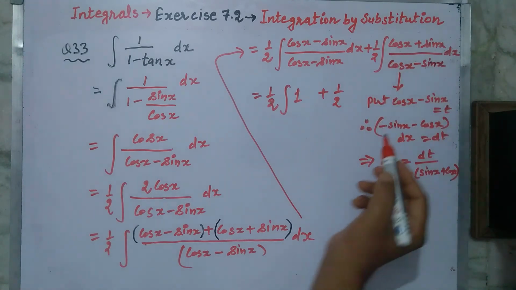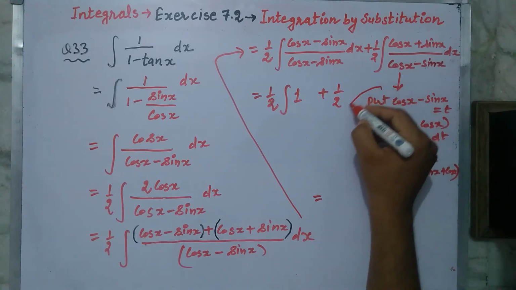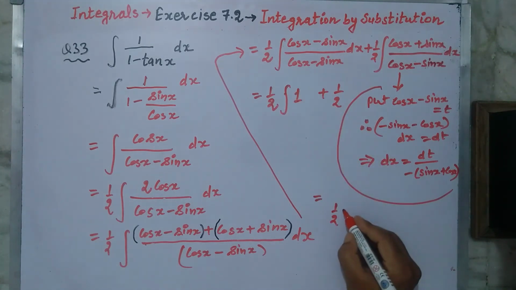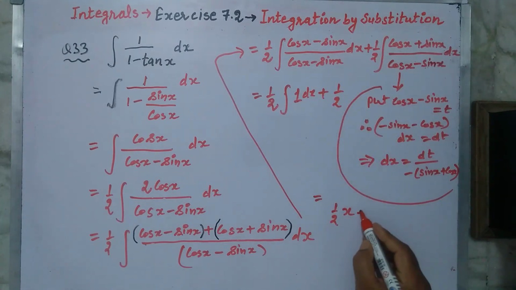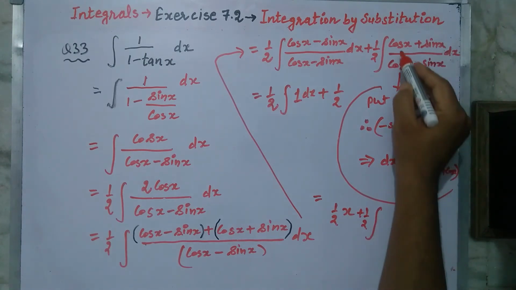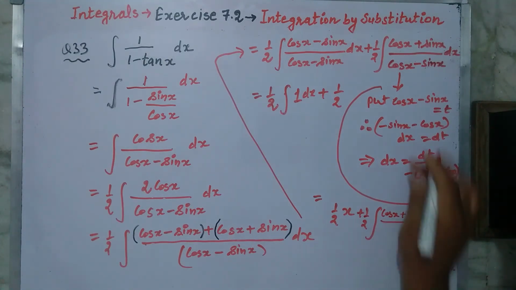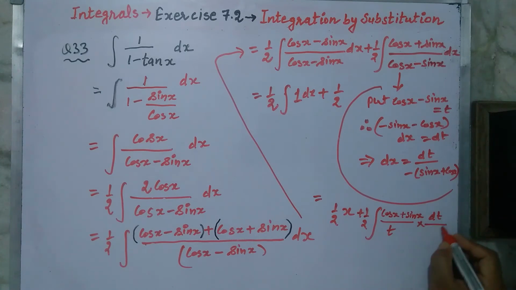So the second integrand becomes 1 by 2, the integration of 1 is x with respect to x, plus 1 by 2 integration of (cos x plus sin x) divided by t into dt upon minus (sin x plus cos x).